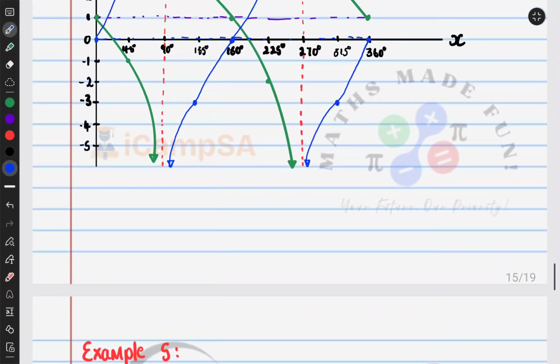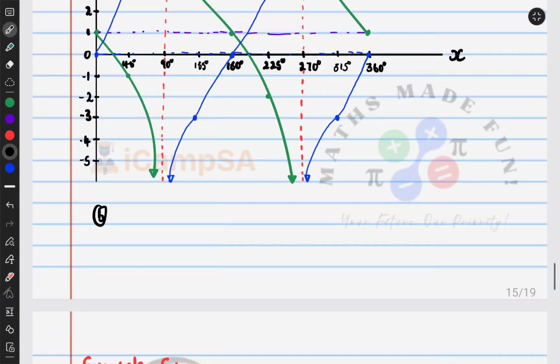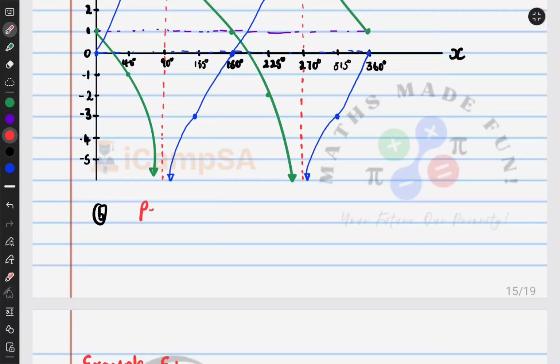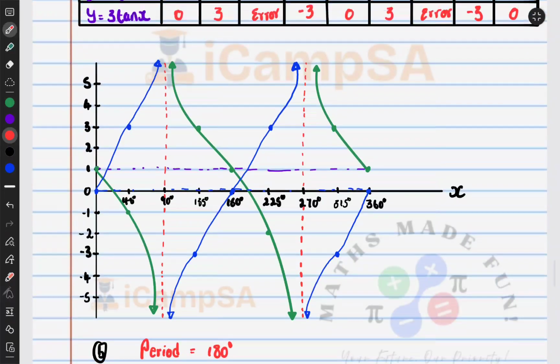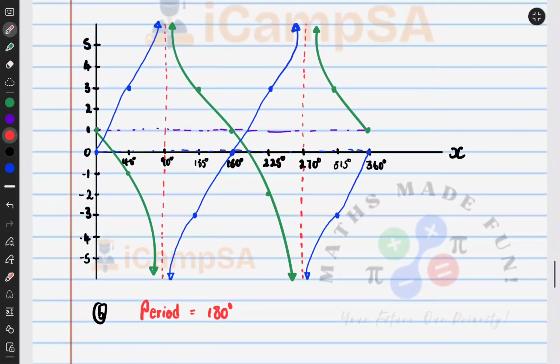So the period for both of these functions is going to be 180 degrees, because for both of them it takes 180 degrees for each function to complete each cycle.